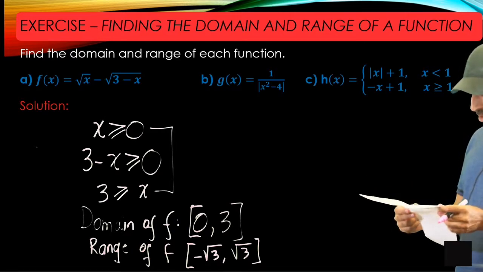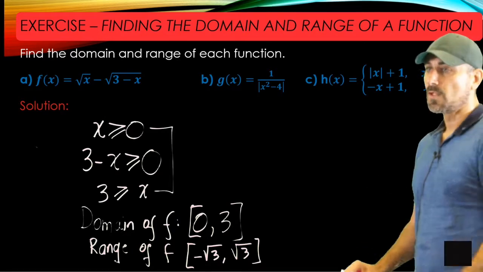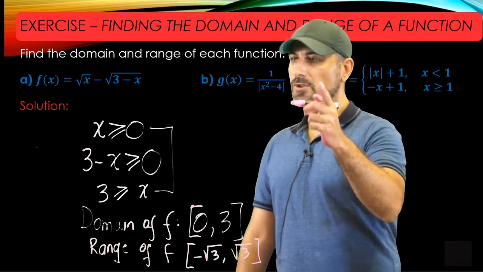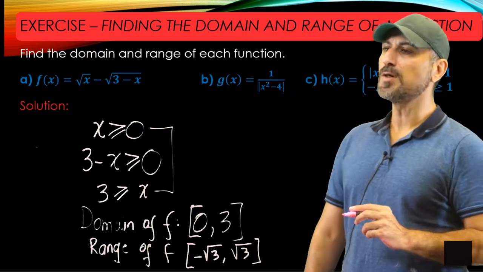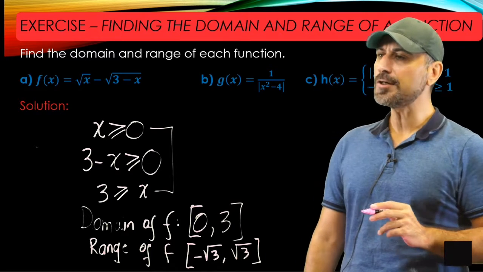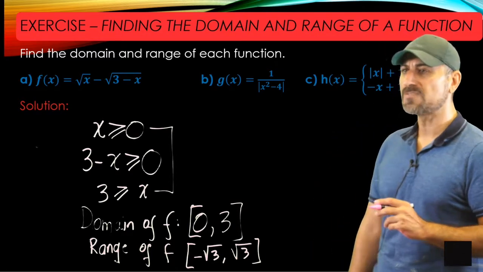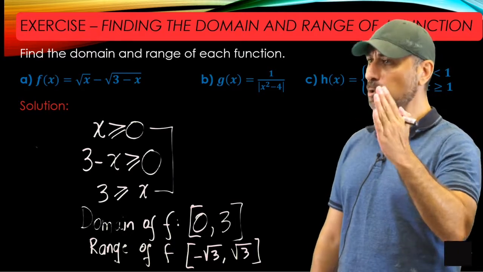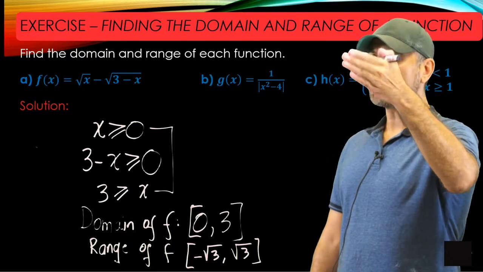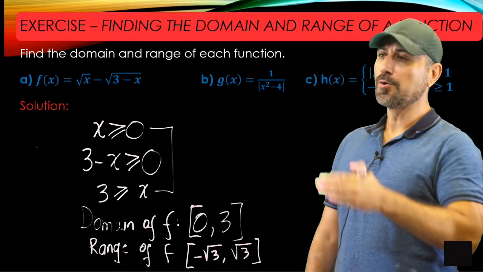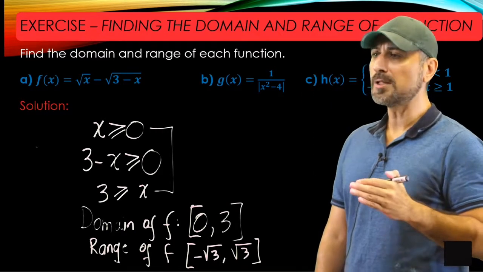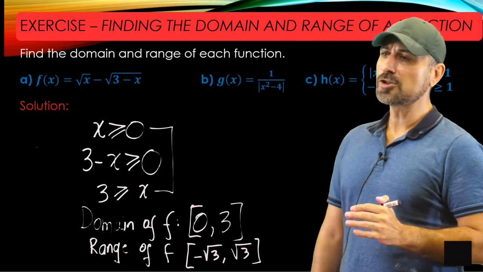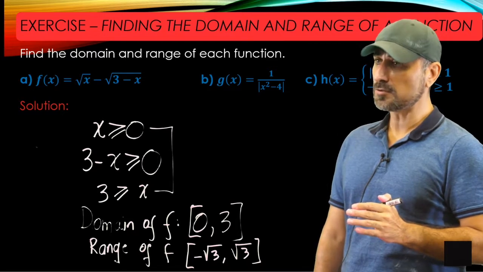Let's check out part B. Part B is the g function, defined as 1 over the absolute value of x squared minus 4. This is a specific type of function called a rational function. It's the top divided by the bottom, or numerator divided by denominator, and we want to be careful about the denominator.